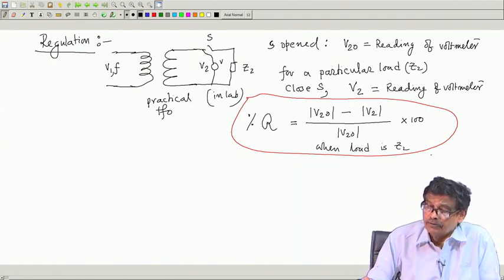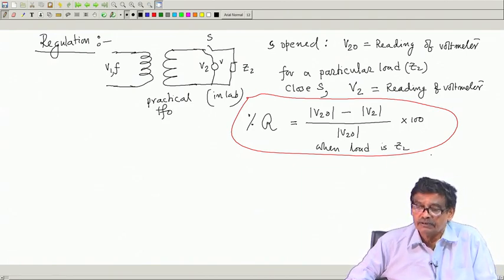So, for a given load you can calculate regulation of the transformer.